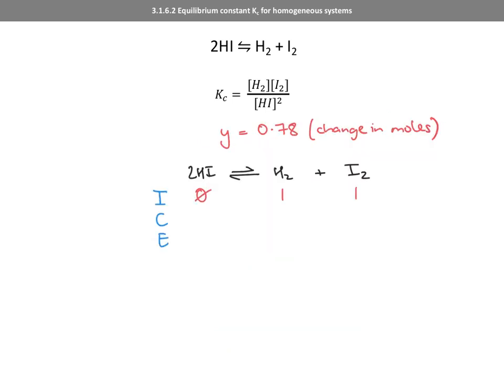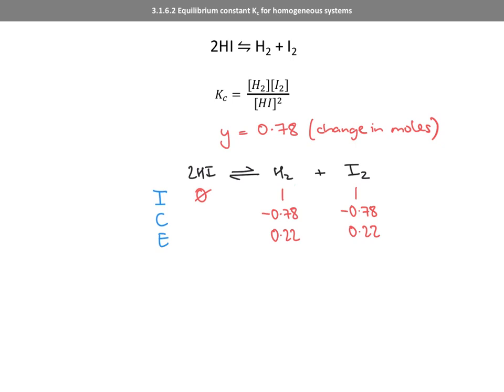So here's part of our ice table. So we now know that the hydrogen is decreasing by 0.78, as is the iodine. So that now gives us an equilibrium moles for both of those substances of 0.22. And then when we're working out the change in the hydrogen iodide, obviously if the hydrogen and iodine are being used up, that means hydrogen iodide is being formed, so it's going to be a positive change.